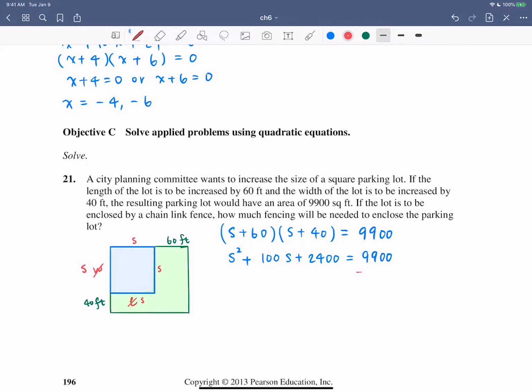Move 9900 to the left hand side, so you subtract both sides by 9900. We obtain s squared plus 100s minus 7500 equals 0. Now this is in the general form of a quadratic equation. We could factor the left hand side and solve by the zero product property.